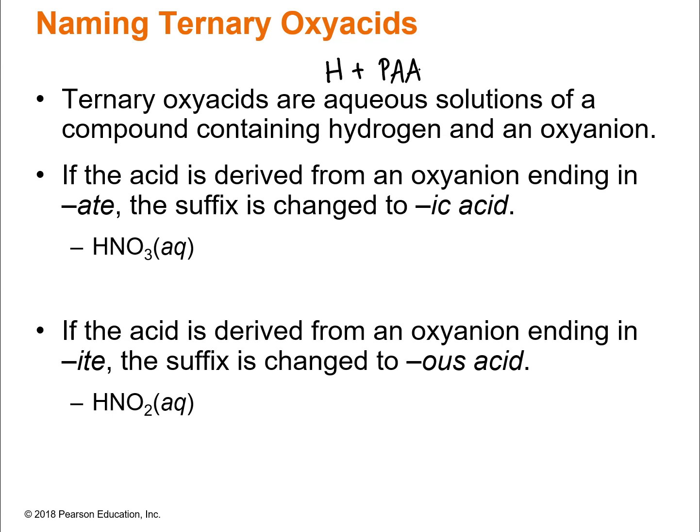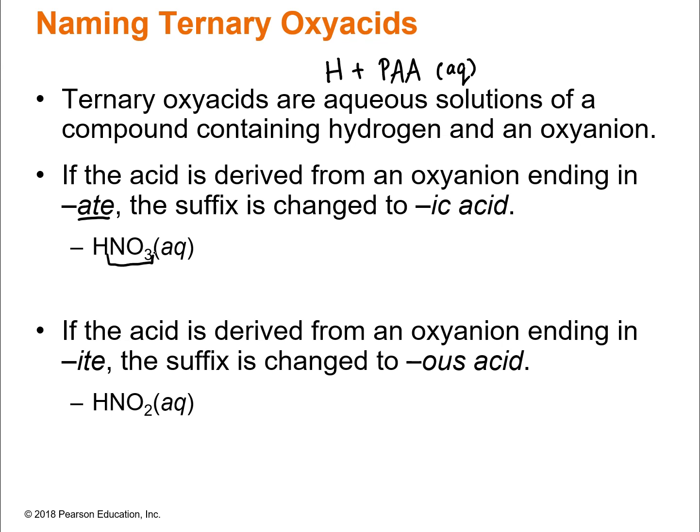So we're talking about the polyatomic anions on that chart, followed by that AQ in parentheses. This is where understanding the ate and the ite comes in handy. If you have an acid that's derived from one of those anions ending in ATE, you're going to change the suffix to ic.